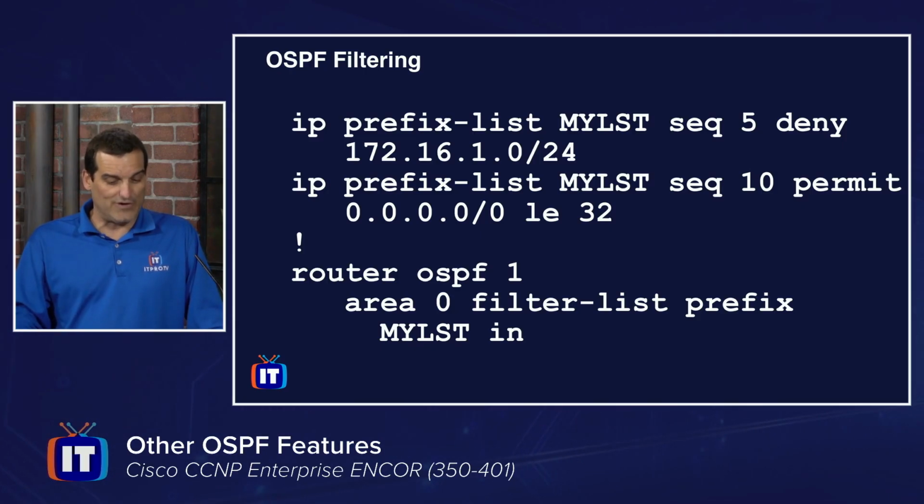Notice we do area 0, filter list. The prefix list is called my list, and we're doing that in the inbound direction. So you can see this is a very powerful feature built into OSPF to filter prefixes from entering a particular area. In this case, it is the backbone.